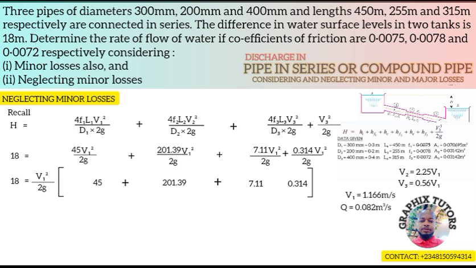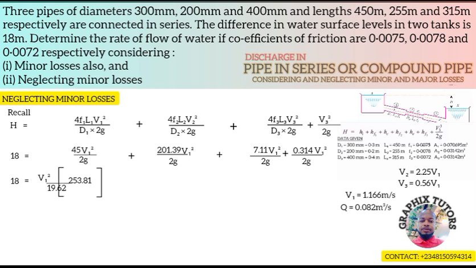So 18 will be equal to V1 squared over 2G. When you add all together, you'll have 253.81. Right? So 18 will be equal to, we know 2G means 2 times 9.81, and that is 19.62.